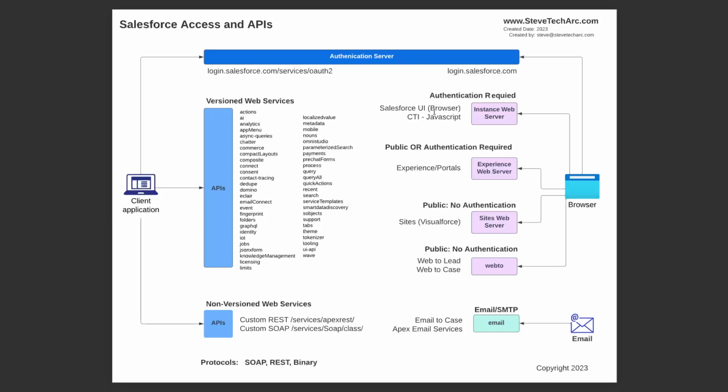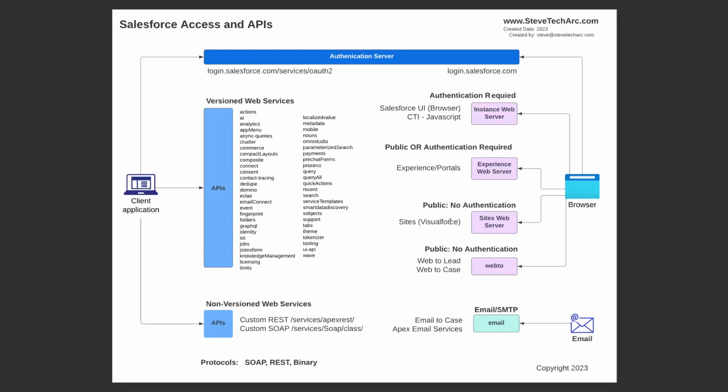You have Salesforce through the UI, and also coming into there could be the CTI JavaScript for computer telephony. Now, if you were reaching in through a Salesforce experience or portal, you can have some pages marked as not public, not authenticated, and other pages marked as authenticated. It is marked as a different instance endpoint in trust.salesforce.com, but it shares the same memory space.